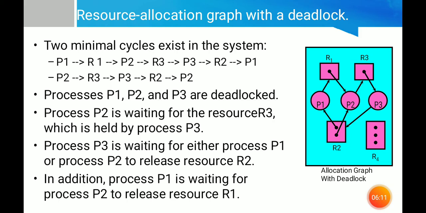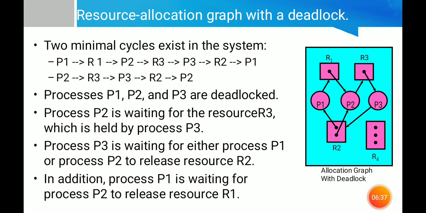But what is happening is that it has the characteristic of hold and wait. This is one characteristic of deadlock. If that characteristic is present, then deadlock is present. So you can see that P2 is waiting for R3, and P2 is holding R2, and R3 is being held by P3.